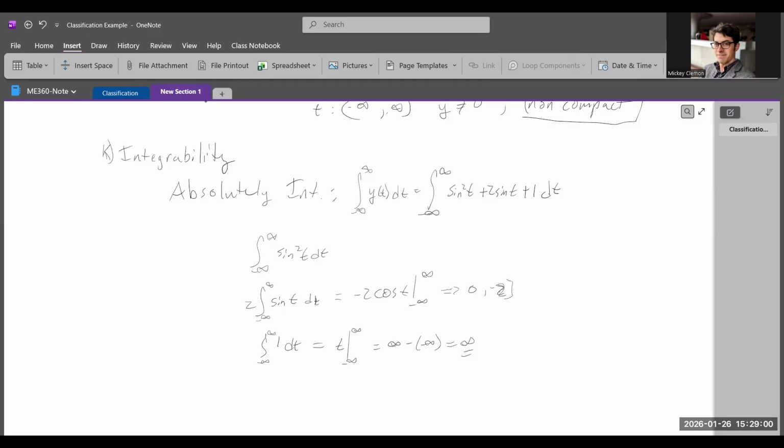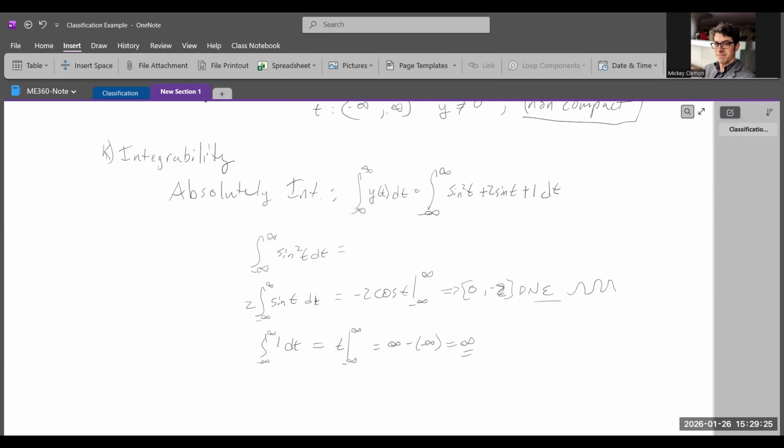So that's the bounds of this here. But the limit of this does not exist at infinity or minus infinity because it continues to oscillate forever. So this doesn't have a limit. So also not absolutely integrable because this doesn't have a limit here.